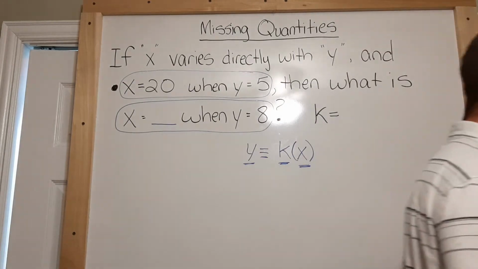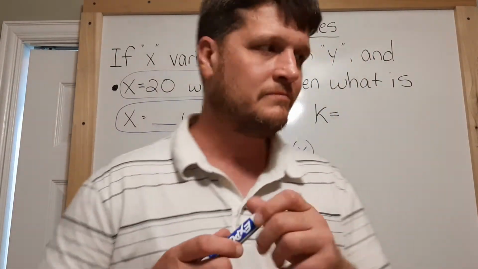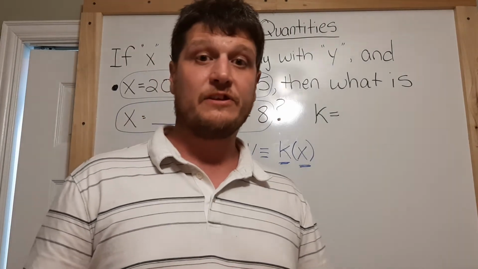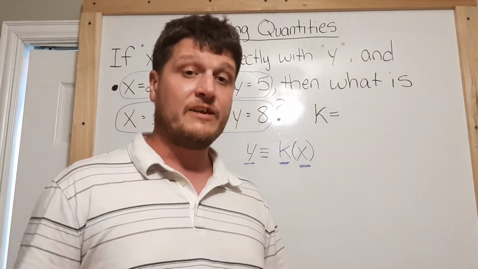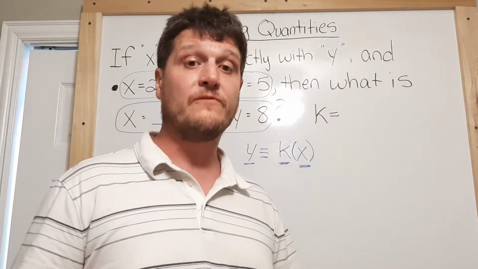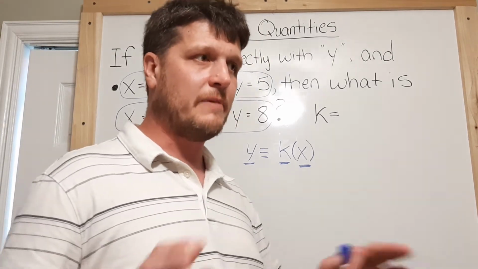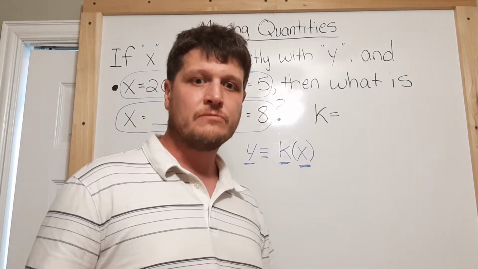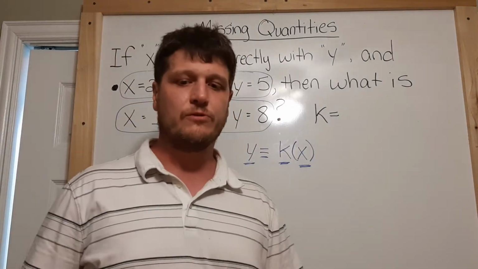Now, we've talked about some of the conditions that must exist for y equals kx, okay, for it to have any form of direct variation. And we've also talked a little bit about basic ratios so that you guys are a little comfortable with working with what we're going to be doing right here.